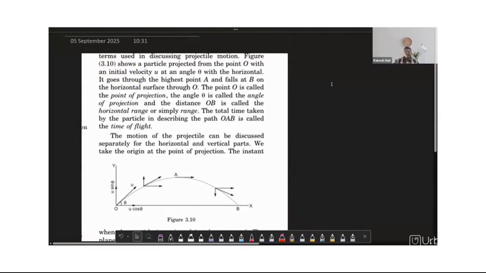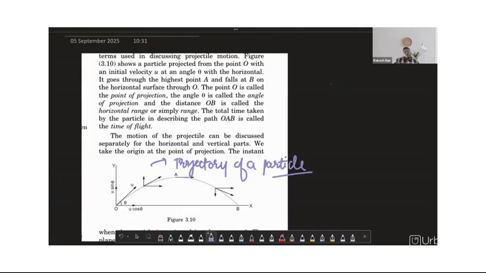This figure is showing a particle which is projected, and this is the trajectory of the particle. What do you mean by that?